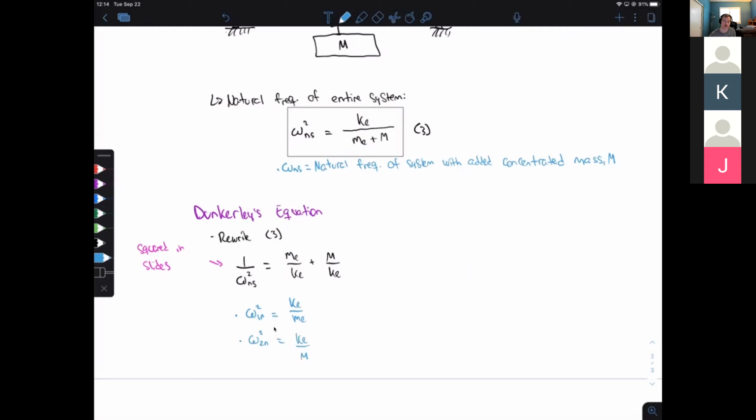So we have 2 expressions here, or 2 equations. So this first one right here, that's going to represent the natural frequency of the beam alone.